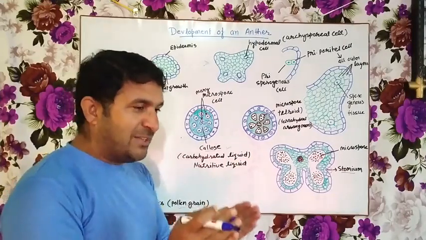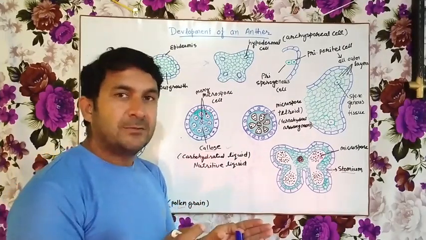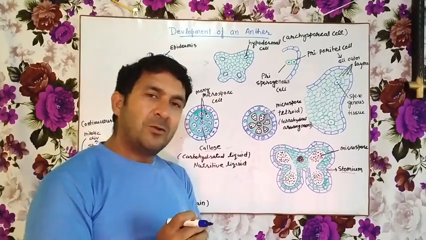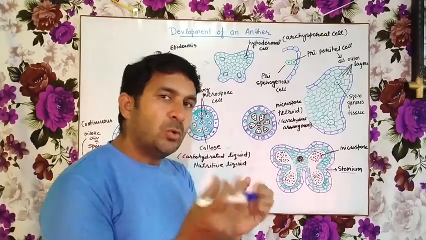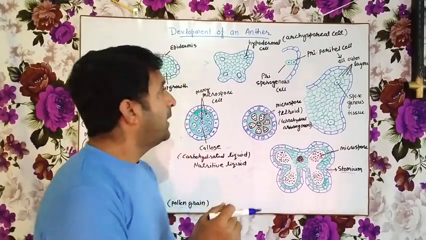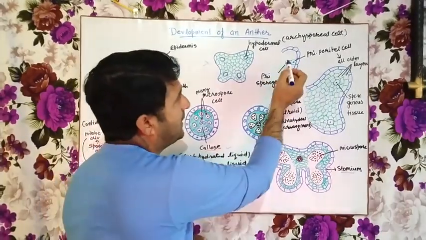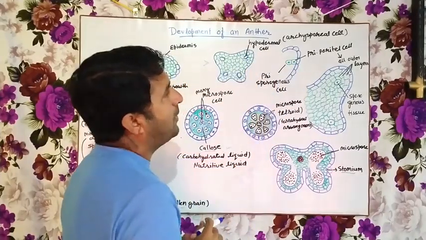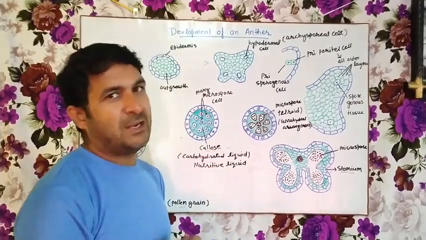Right? When these become mature, these cells divide mitotically. And you know very well what happens in mitosis. The parent cell divides into two new daughter cells. Right? Here you can see the two new cells. Actually, these are the cells that develop from the hypodermal cells or archesporial cells by mitotic cell division.